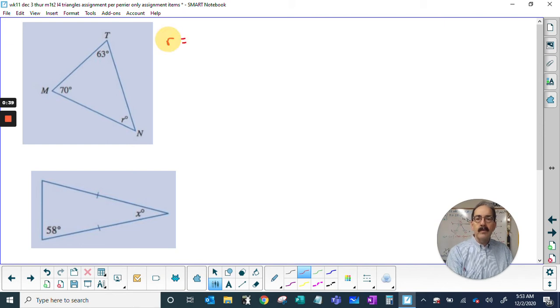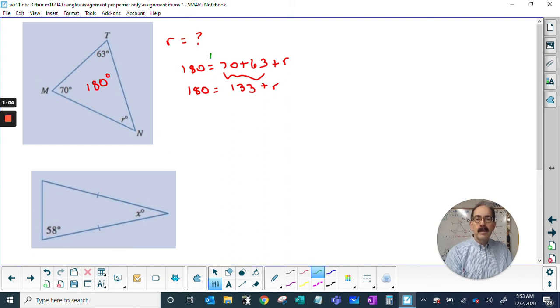R equals something. All triangles are how many degrees? 180 degrees, and we saw that the other day. So we have 180 is equal to 70 plus 63 plus R. Let's combine terms. 180 is equal to 133 plus R. Our little fence.